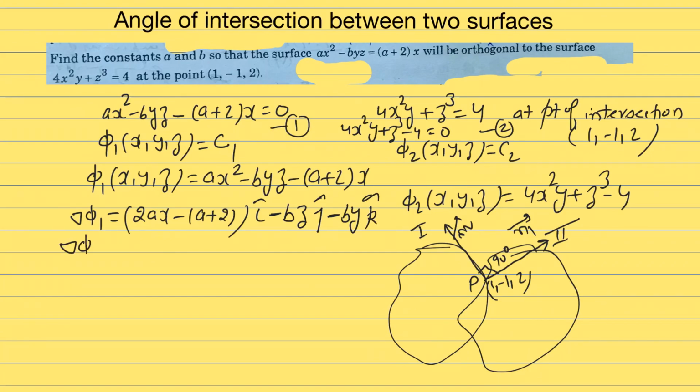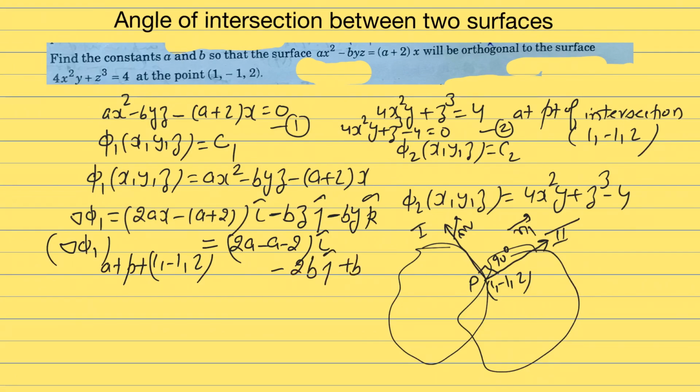Del phi 1 at the point 1, minus 1, 2 is equal to 2a minus a minus 2 i cap minus 2b j cap plus b k cap.